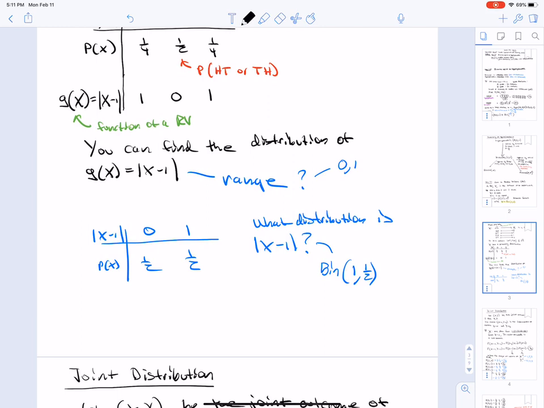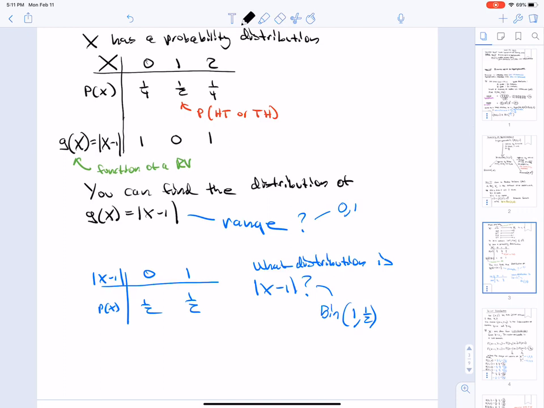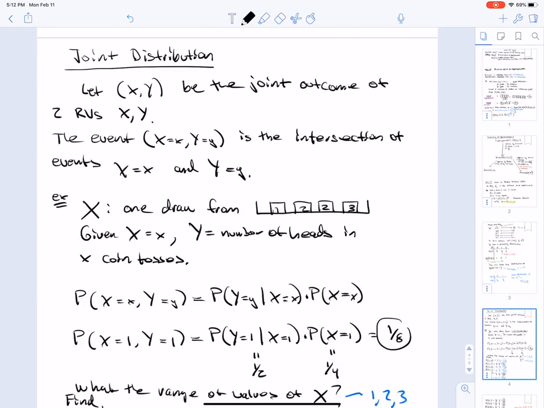Its distribution is 1/2, 1/2, because the probability of having a 0 is 1/2, and the probability of having a 1 is 1/4 and another 1/4. So what's the distribution of the absolute value of X minus 1? You can see from the 1/2, 1/2, and the values 0, 1, that this is just a binomial 1, 1/2.